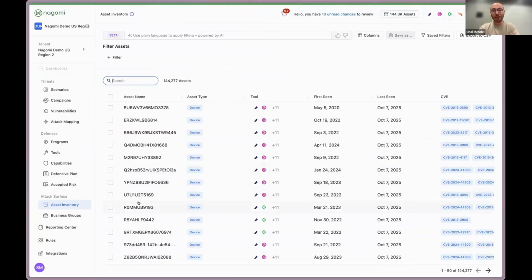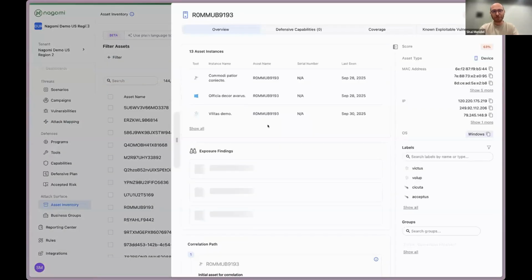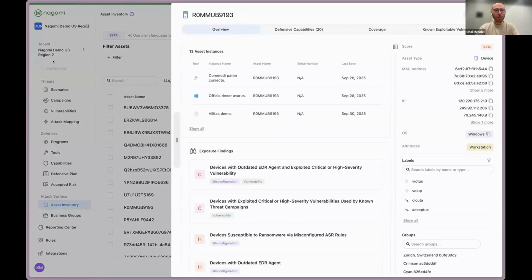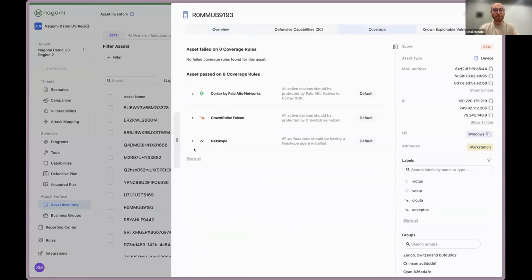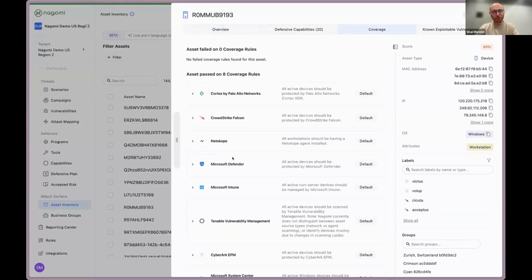Let's pick an example of an asset, in this case, a device. When we look through the lens, you can easily understand which tools are actually covering that asset, and also explicitly which tools are supposed to be installed on that asset but maybe they're not, which creates a risk, one type of exposure.